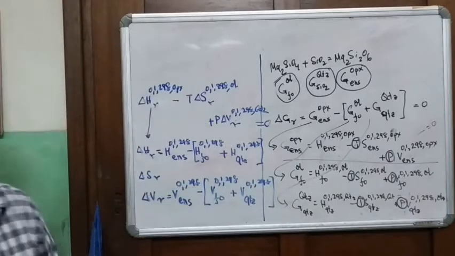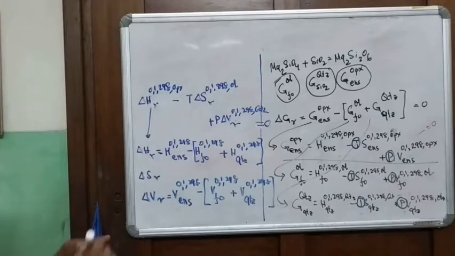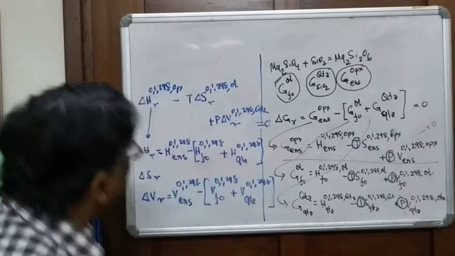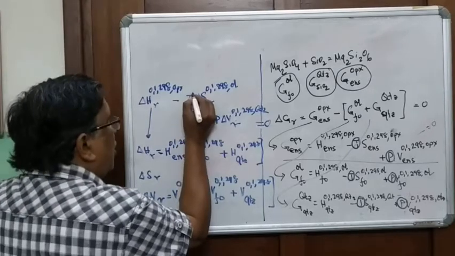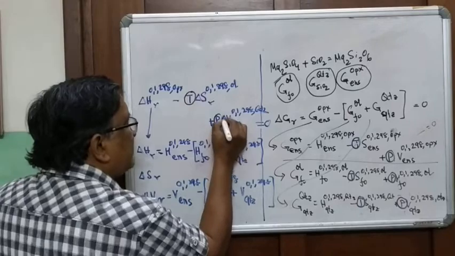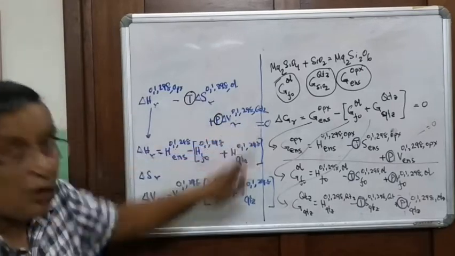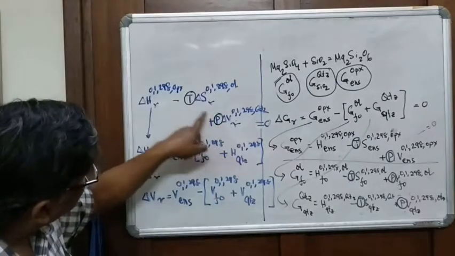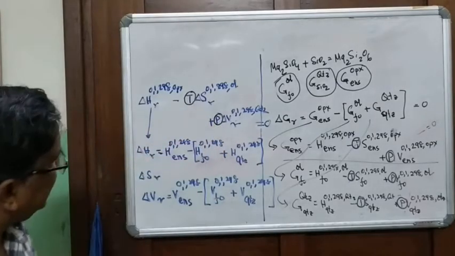Similarly for entropy. So this is the basic equation. And once again, all these parameters are known. The only parameters that you don't know are temperature and pressure, and it is equal to 0 for pure phase. Pressure and temperature are the unknowns.